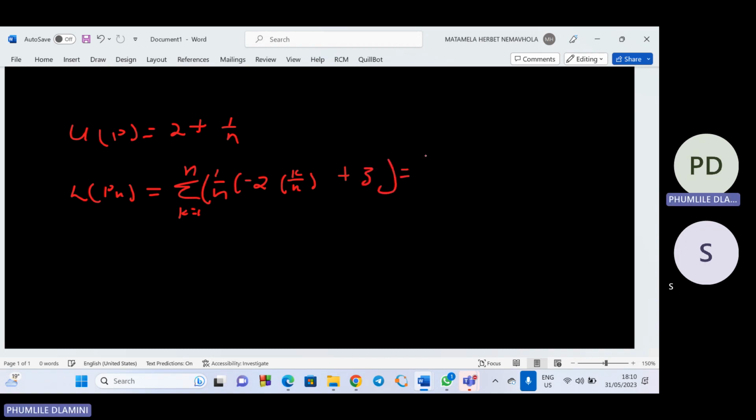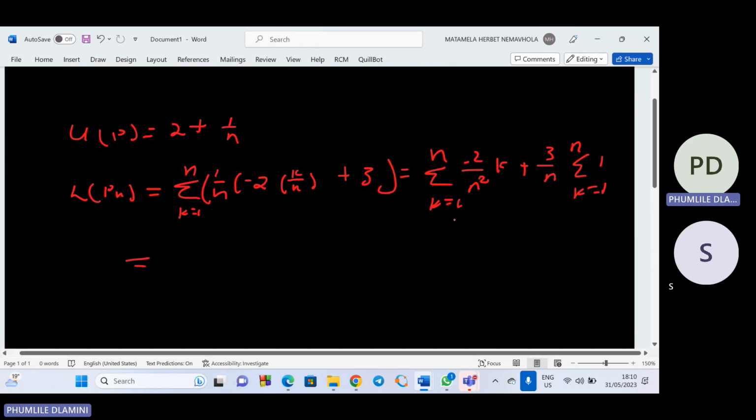So this is going to be the sum from k equals 1 to n of minus 2 over n squared times k, plus 3 over n, times the sum from k equals 1 to n of 1, like that. That is fine.